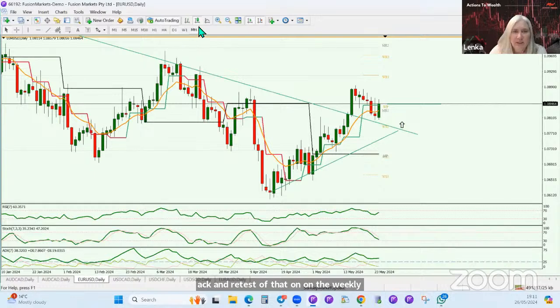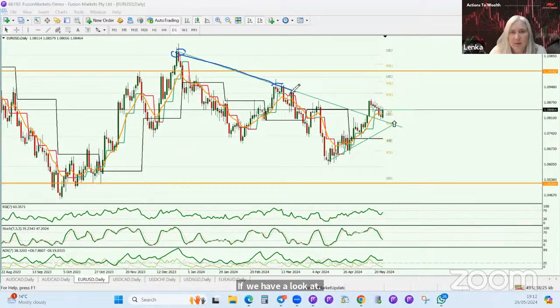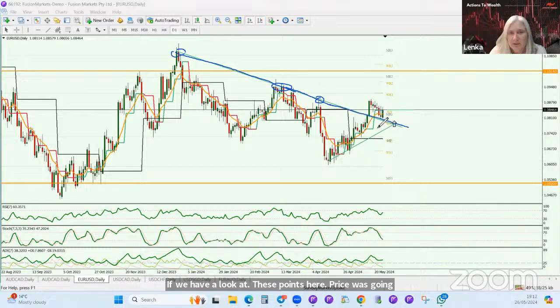And on the daily, if we have a look at these points here, price was going lower. We had a couple of touches, and now we had price break above, and we are seeing the pullback. So we're looking for price to go higher.